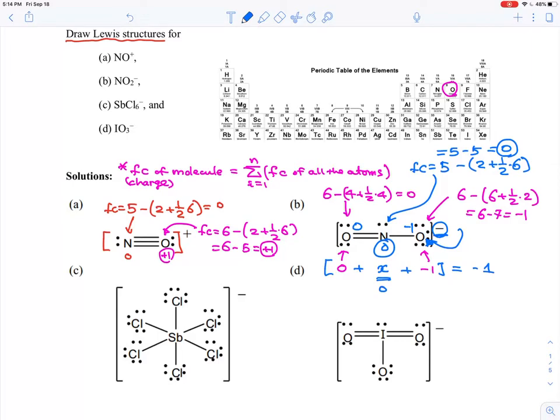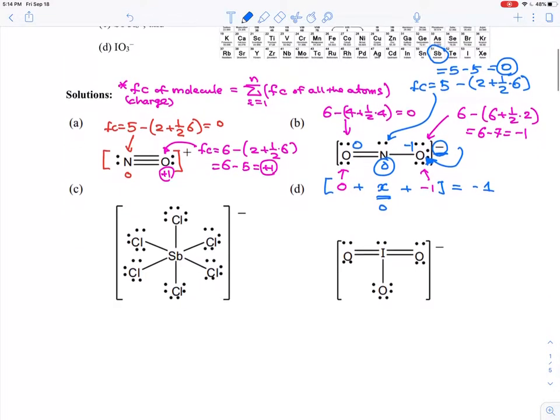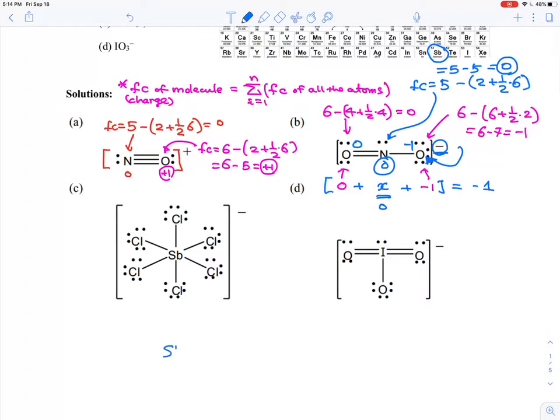So let's look at the SbCl6 minus. Sb, which is antimony, right here, which column is it? This is a 5. Okay. So you can think about Sb as having 5 valence shell electrons, but you are forming a bond with a chlorine, and that's forming a bond.